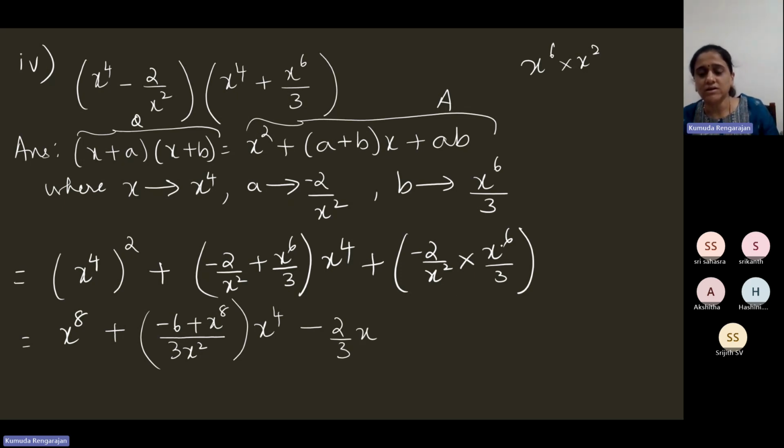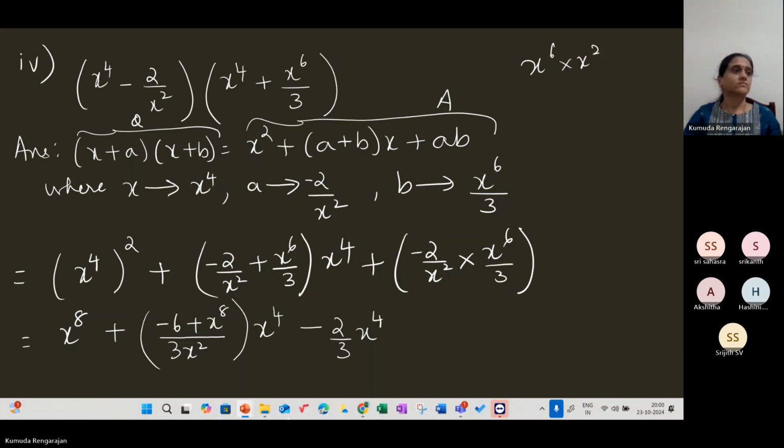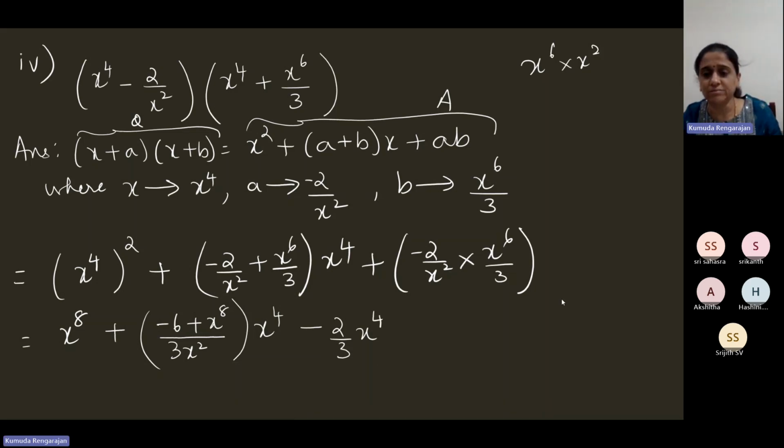Here it's division, right? So we'll have to subtract the powers. 6 minus 2, 4. The bases are the same and it's division. x to the power 6 is in the numerator, x square is in the denominator, so subtract the powers. 6 minus 2, 4.